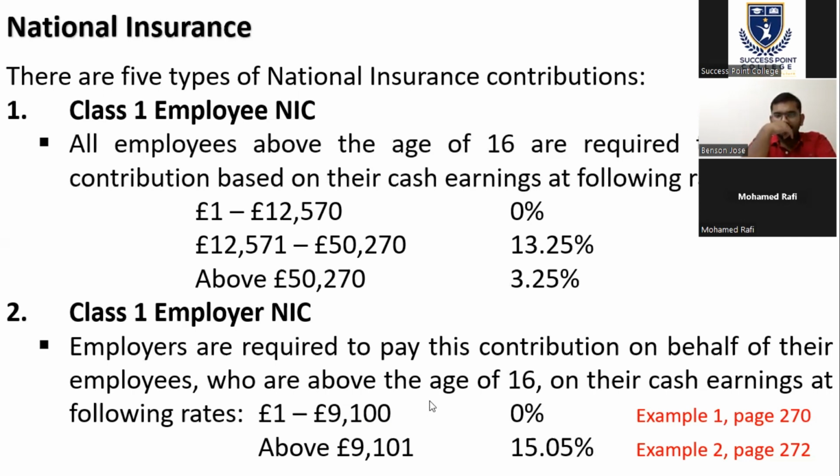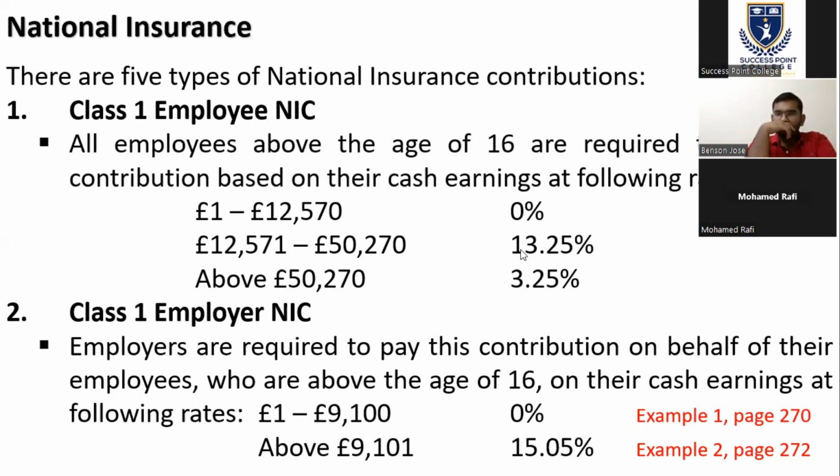This contribution is not something the employer has deposited for itself; the employer has deposited it on behalf of the employee. Let's suppose I am your employer and you are my employee, and you earned 60,000 salary. First, as an employer, I will calculate class 1 employee NIC, deduct that from your salary of 60,000, and pay you the remaining salary.